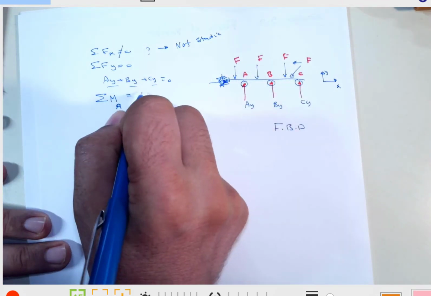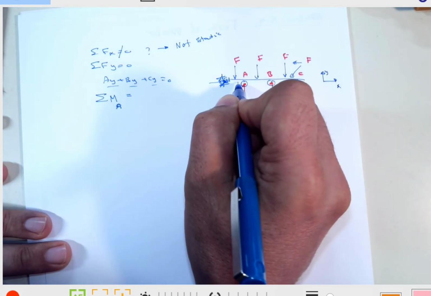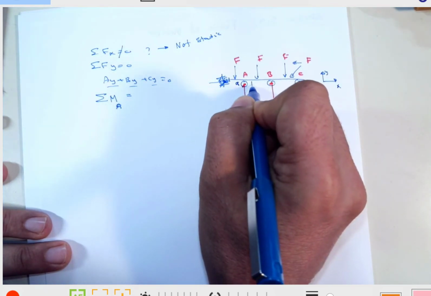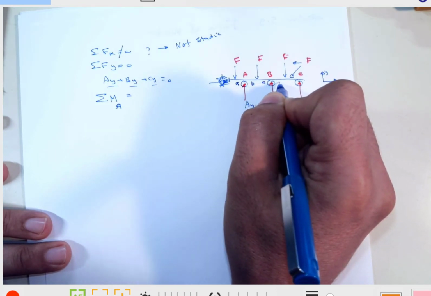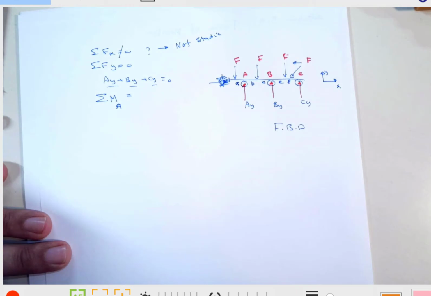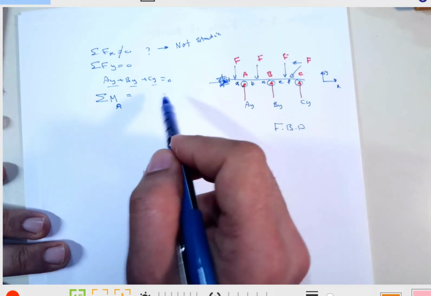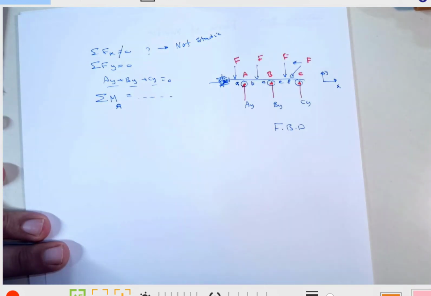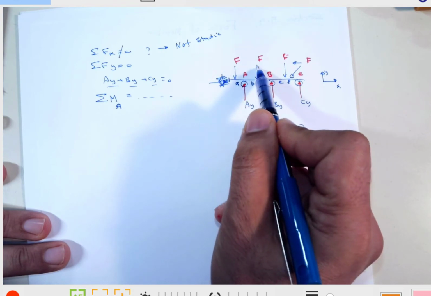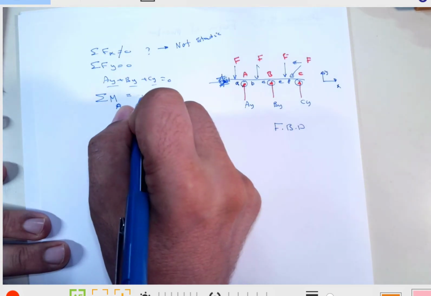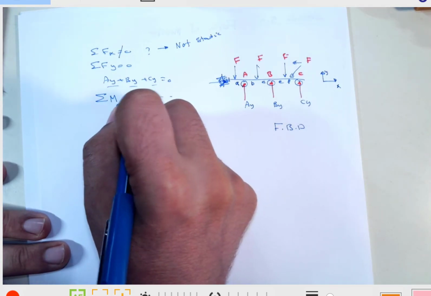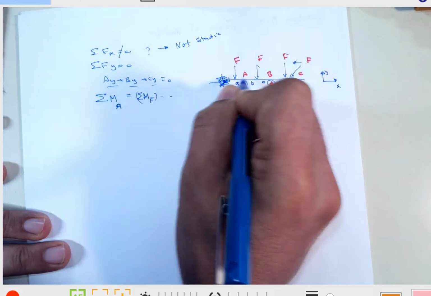So let's write this. I'm going to choose distance A, distance B, distance C, distance E, distance F, whatever, right? In that equation, when I write it about A, I'm going to have known moments of these forces, and let's say this is the moment of all the forces, which we know.